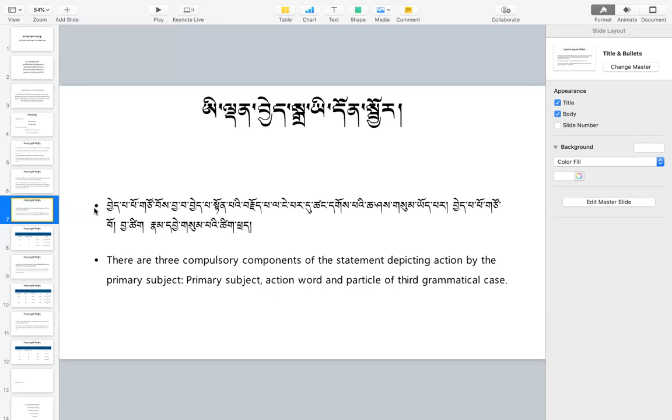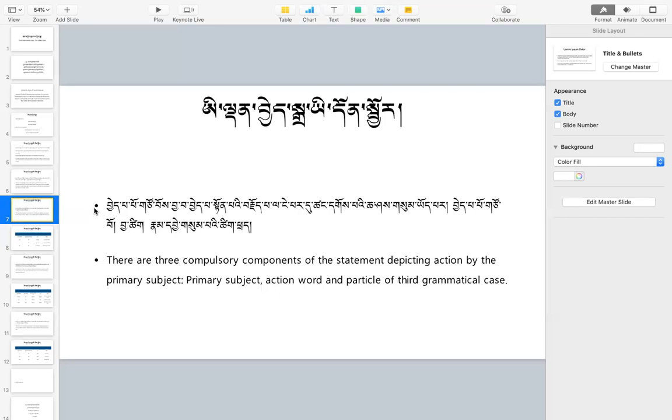of the third grammatical case. If a statement consists of these three in writing, and upon that, many other words are added to make it a more elegant, more beautiful, more elaborate statement, that is allowed.